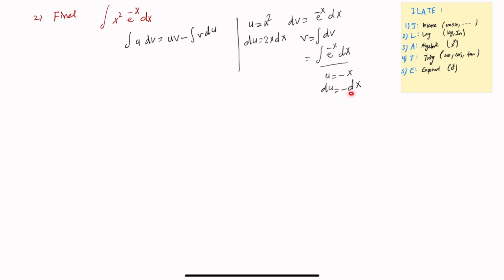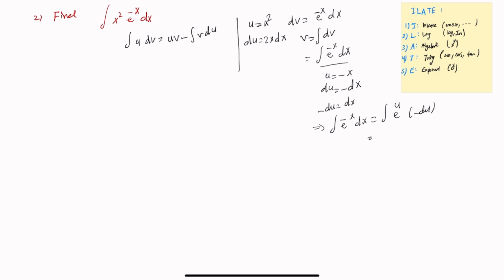Notice in here we only have dx in this integral, so I'm gonna move the minus sign to the other side. The integral on the top, which is the integral of e to the minus x dx, is going to be equal to the integral of e to u, and then dx is minus du.